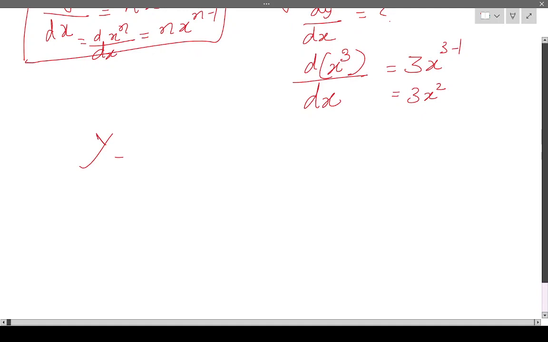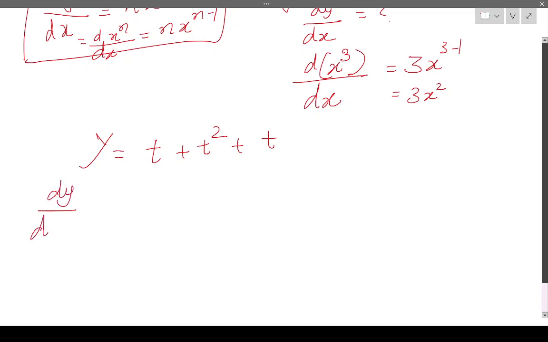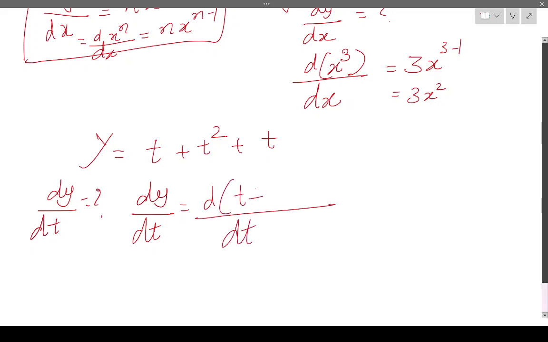Suppose the expression is written as y is equal to t plus t squared plus t cube. What is dy by dt? dy by dt is equal to d by dt of t plus t squared plus t cube.